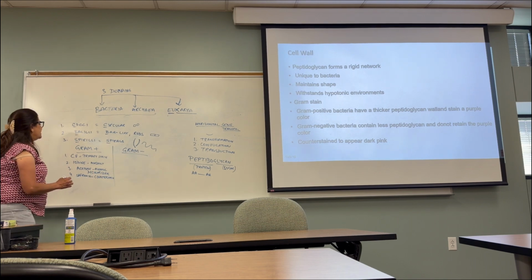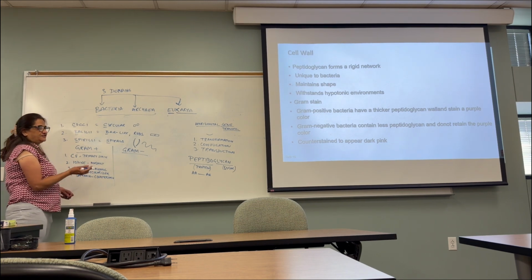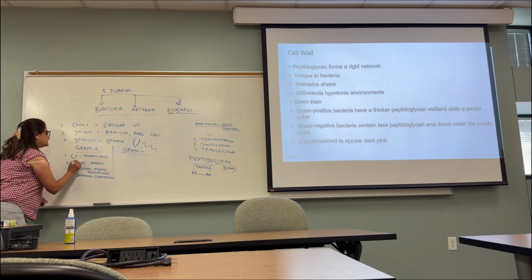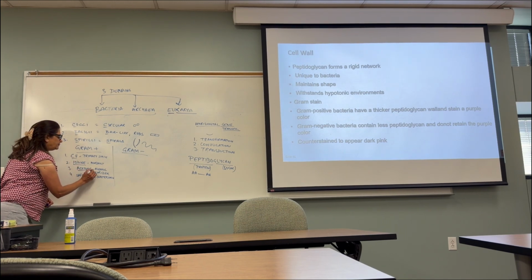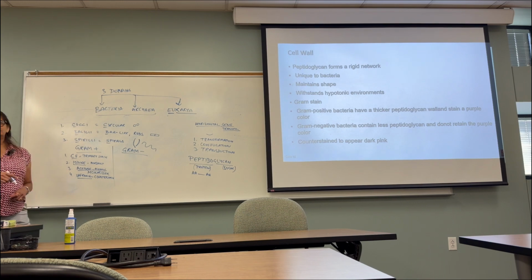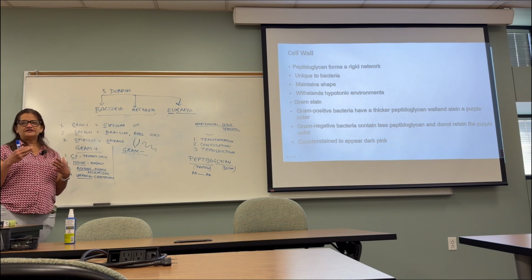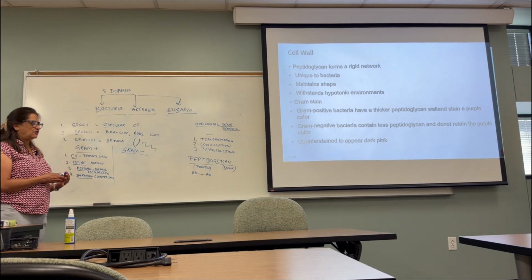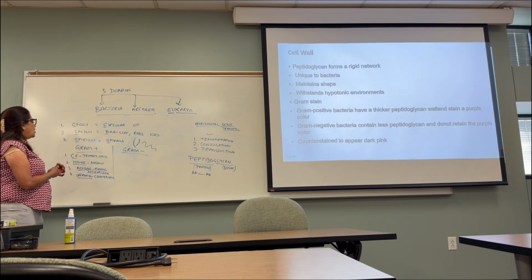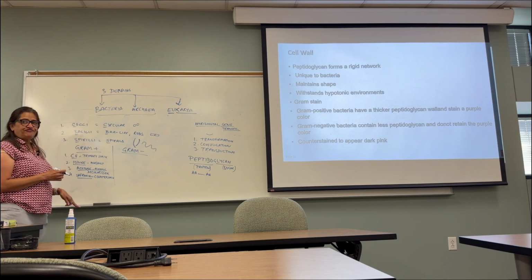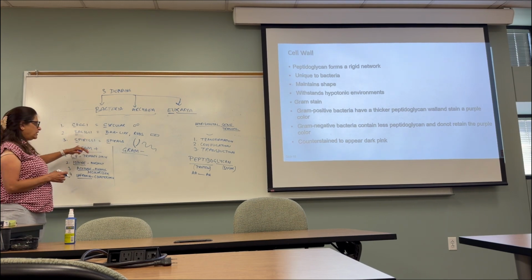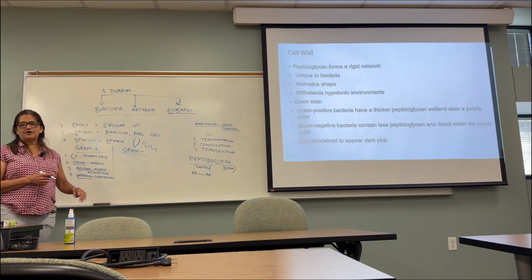Okay. So each one of these chemicals, as you can see, has a certain role to play in the gram staining process. Like I said, gram positive and gram negative have these differences in their peptidoglycan cell wall, and based on that, they stain differently in the gram staining process.